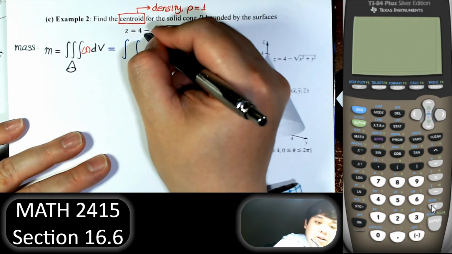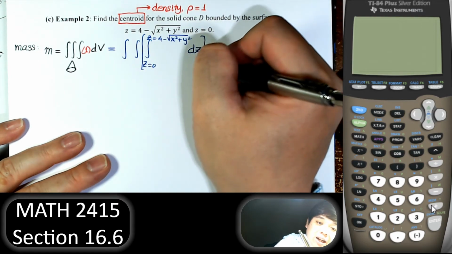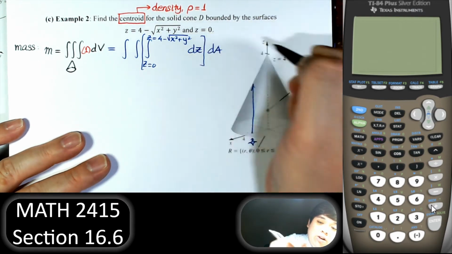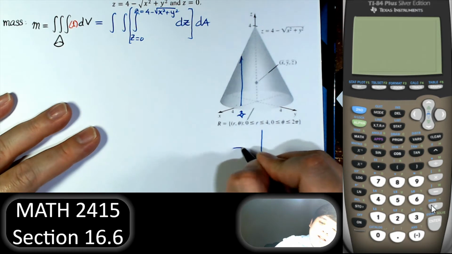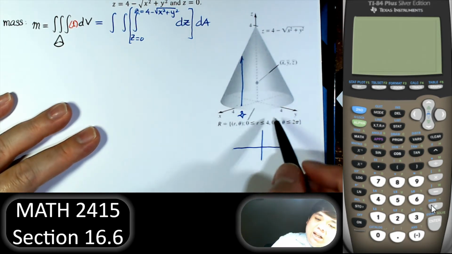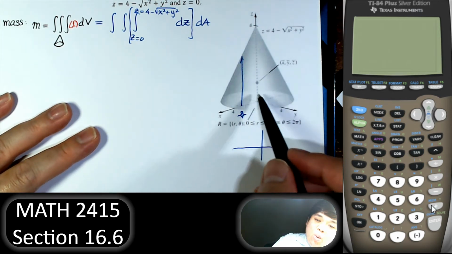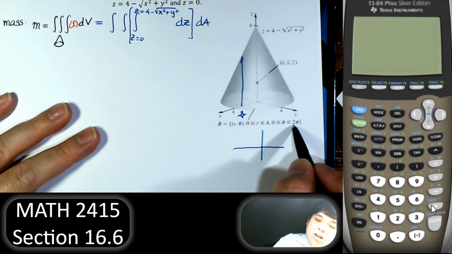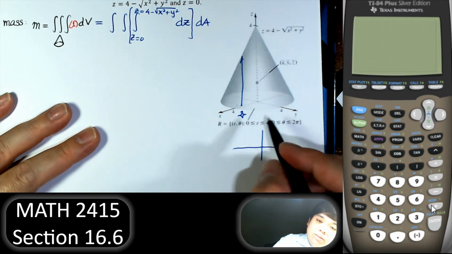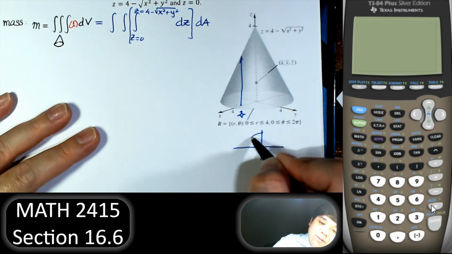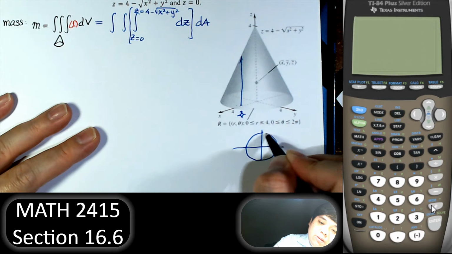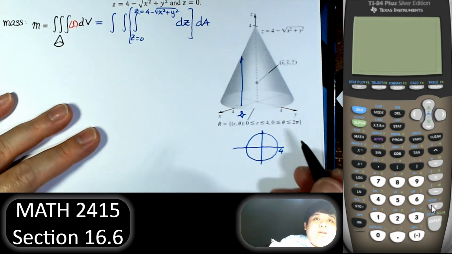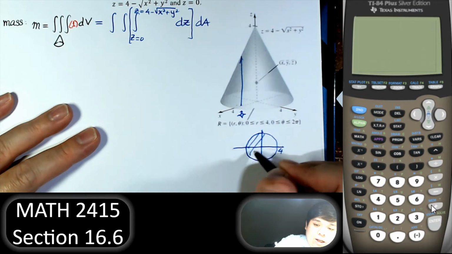On the outside, worry about that later. What will be on the outside though? As you see, when this is on the xy plane, we just have a circle of radius 4 and everything inside.